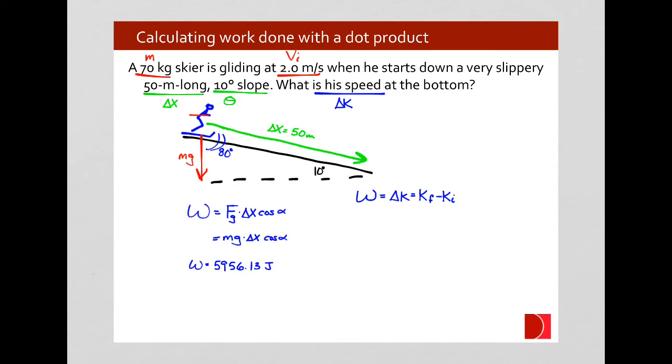But what we can do is say that his kinetic energy at the end would be his kinetic energy at the beginning plus the external work that was done on him, in this case by gravity. His initial kinetic energy was 1/2 times his mass times his initial velocity of 2 meters per second squared, plus the external work done on him by gravity.